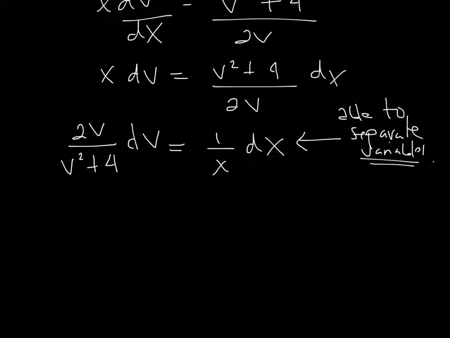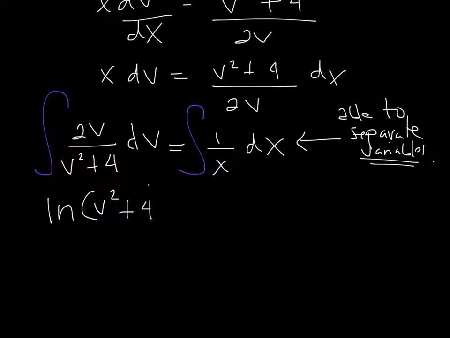So now we can integrate both sides. And notice the familiar integral. The integral of 2v over v squared plus 4 is the natural log of v squared plus 4, because the derivative of this guy is 2v over itself.